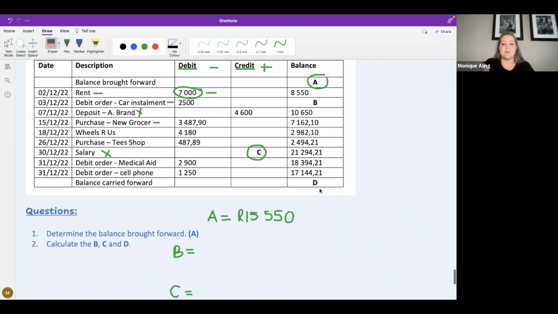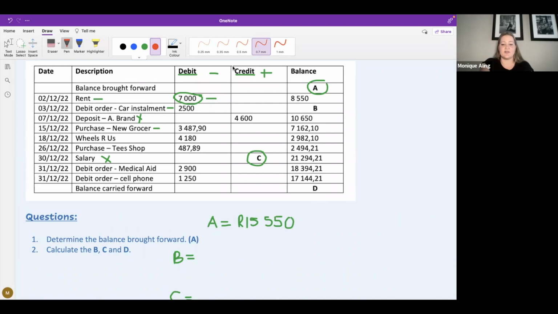Okay, let's check B. B is just our normal balance calculation. So remember, we always take the previous balance, so it is the 8,550. We look at the transaction that happens afterwards. That transaction is in our debit column, so we need to minus.